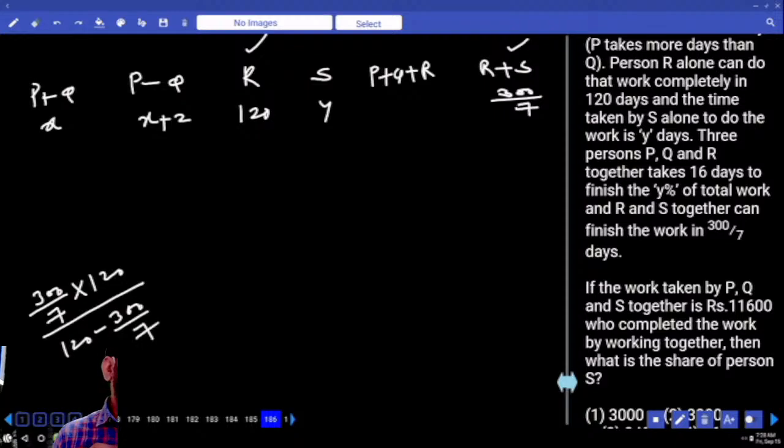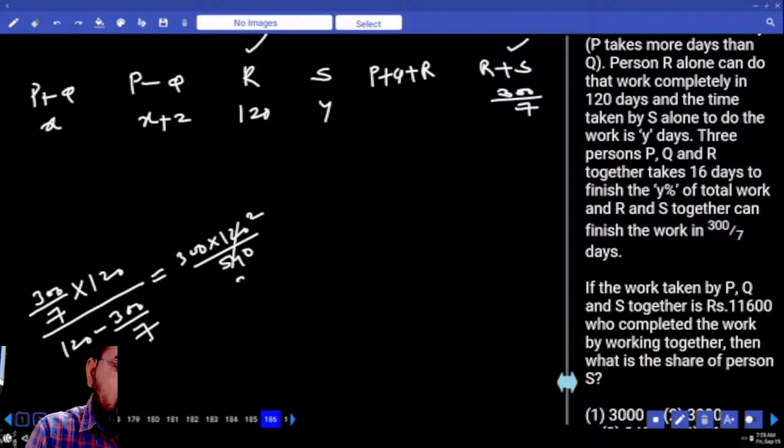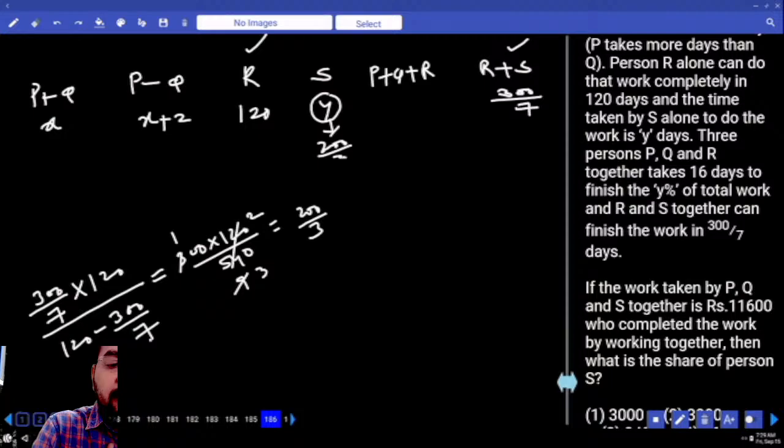Numerator 7, denominator 7 get cancelled automatically. అప్పుడు ఏమవుతుందన్నా, 300 into 120/7, 120 times 840. అవునా, 12 7s are 84 కదా. సో 840 minus 300 is 540. 6 2s are 12, 6 9s are 54, so 9 table cancel అవుతున్నాను. అప్పుడు ఎంత అవుతున్నాను, 200/3. 200/3 is what, S కదా. S అంటే this Y value కదా. Y value is 200/3.